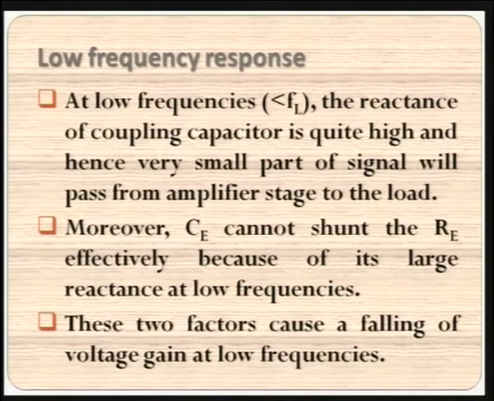Moreover, the capacitor connected across the emitter, which is called CE, cannot shunt the RE effectively because of its large reactance at low frequencies. These two factors cause a falling of voltage gain at low frequency.